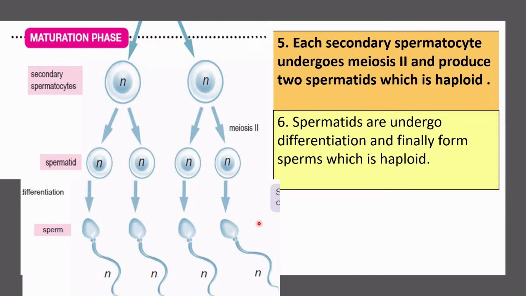Second is testosterone. So this FSH and testosterone will stimulate spermatogenesis. And then we have the luteinizing hormone, LH, which will stimulate testosterone secretion in the testes. All right, so this is all about spermatogenesis.